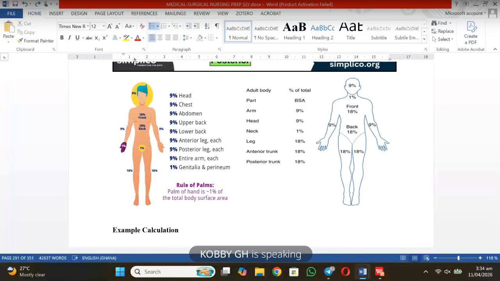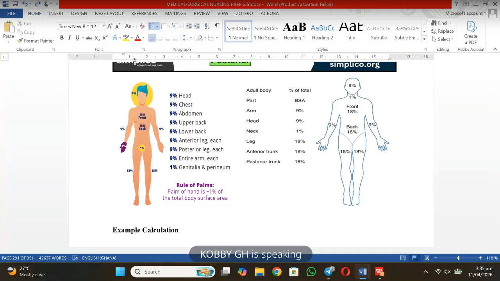Now, if the examiner brings the leg, didn't add right or left, use all. If the examiner says leg, did you hear me adding right or left? No. If the examiner fails to bring right or left, use all. So if the examiner tells you anterior arm, you see here, we didn't say anterior right arm. Use the two. That's the trick.